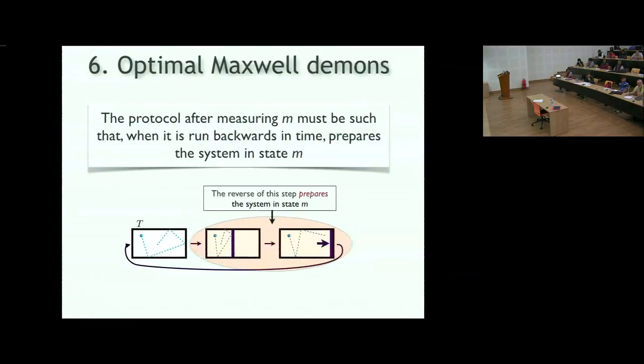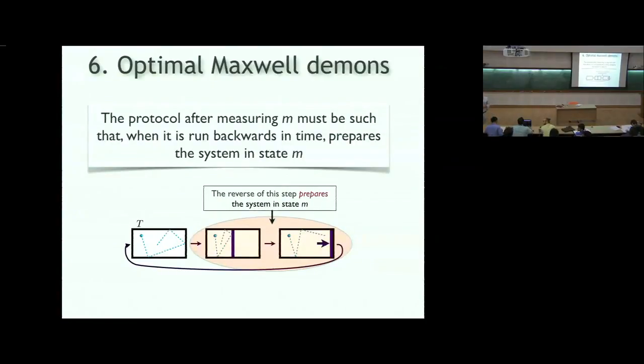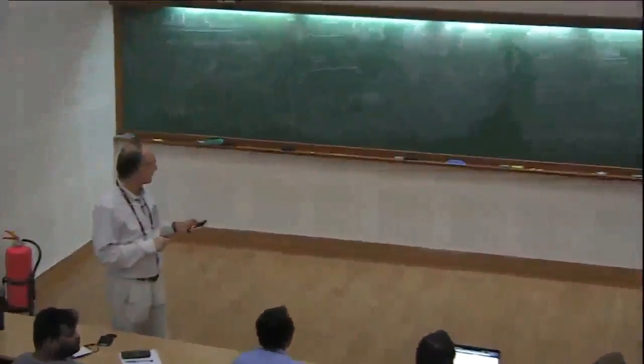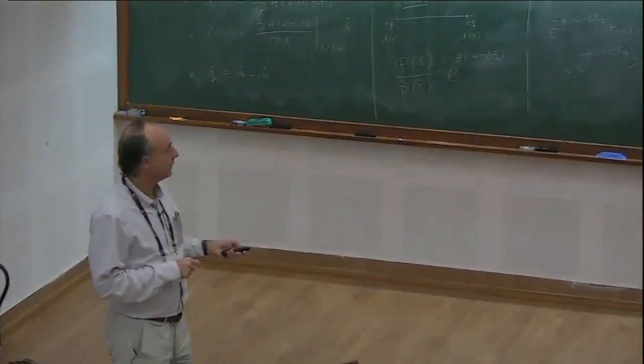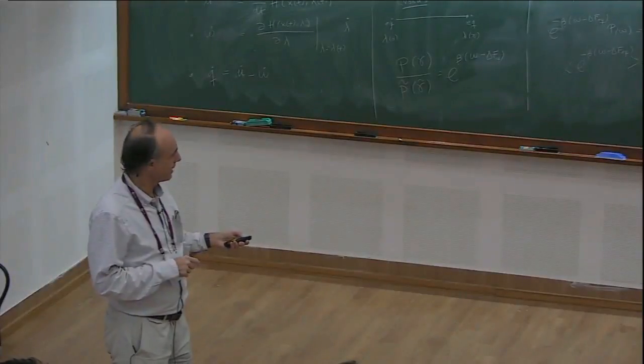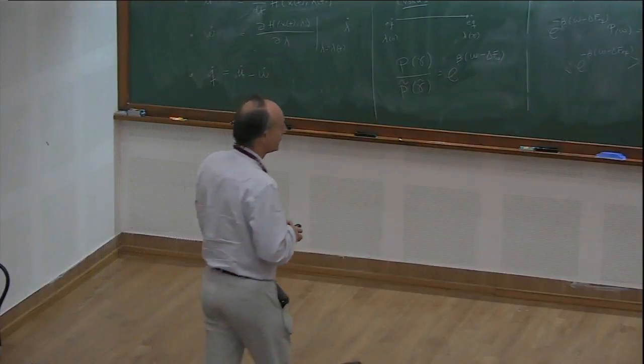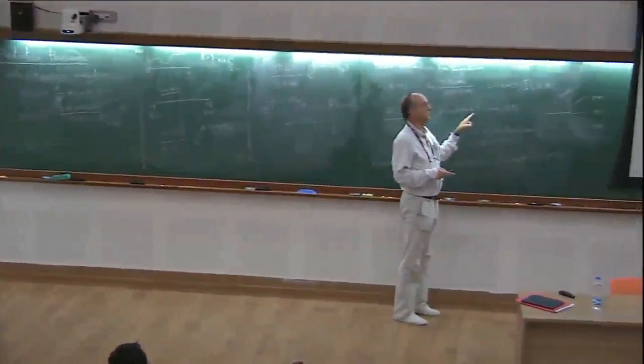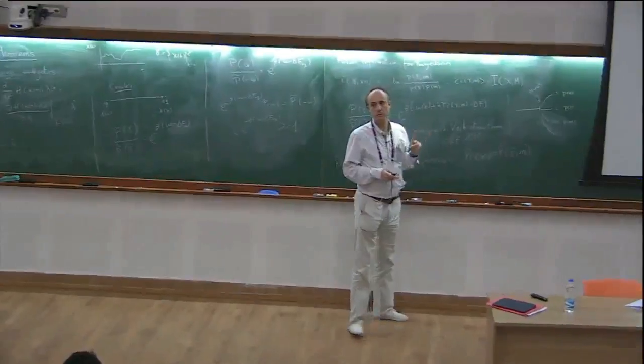Did you say only those trajectories are the ones that give you the optimal work? Yes, they give you a work which is equal to the maximum one. This is the maximum work, and these trajectories give you this one.